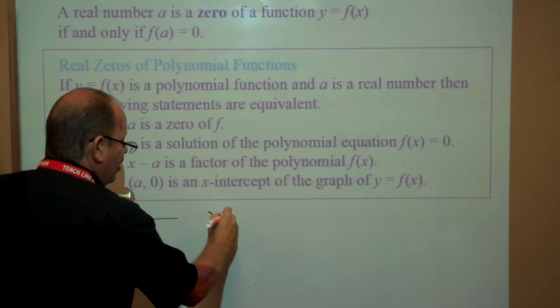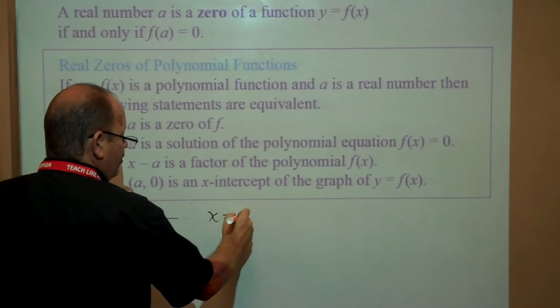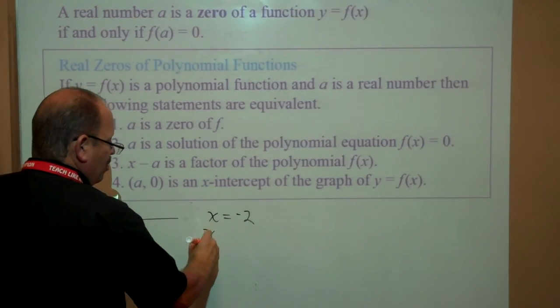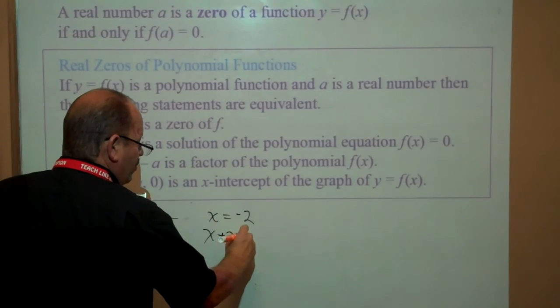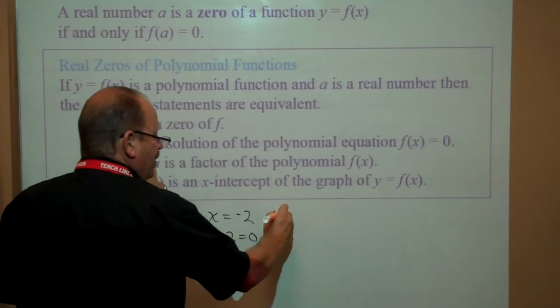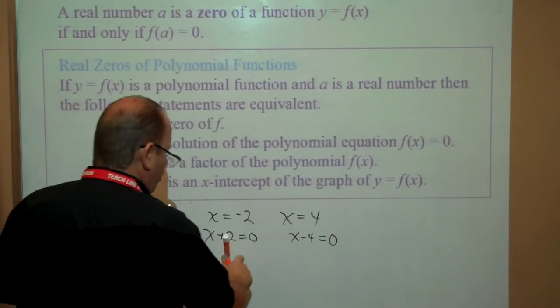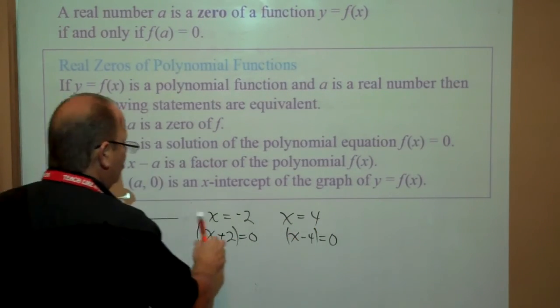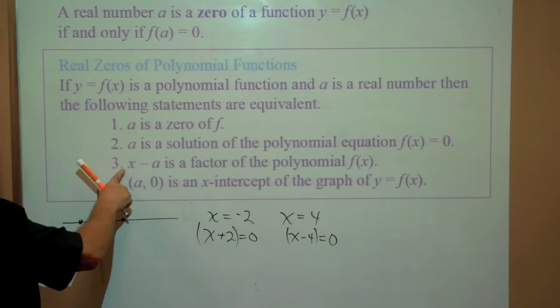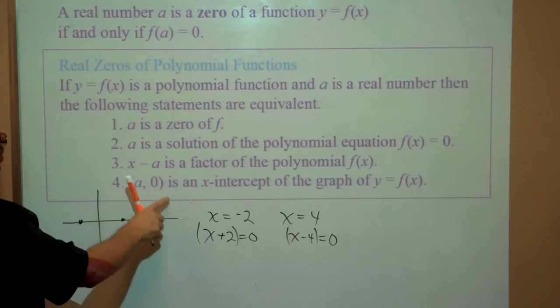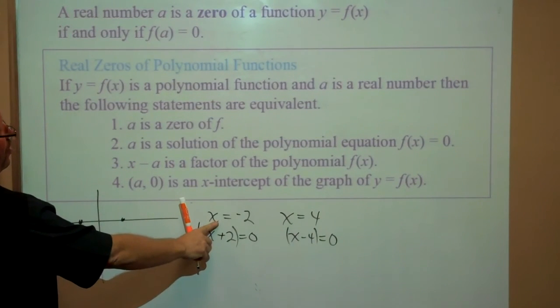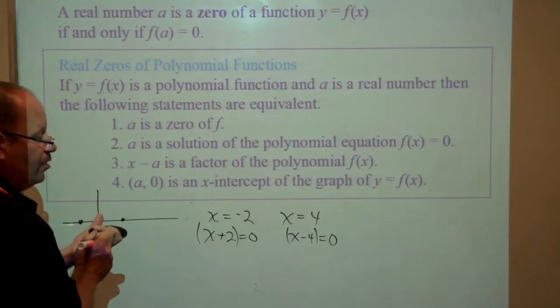Remember, we were just doing this last night. We were getting like x equals negative 2, and we had to figure out the quadratic. X equals 4, x minus 4 equals 0, and we found the two factors when these were zeros, or solutions.